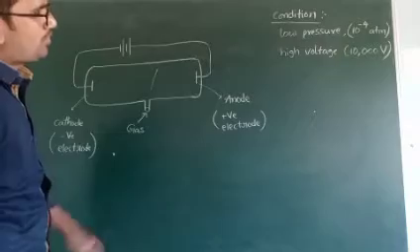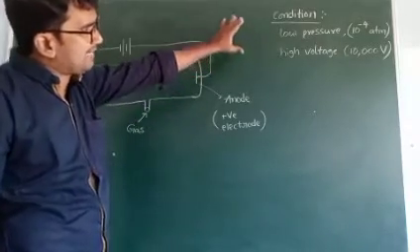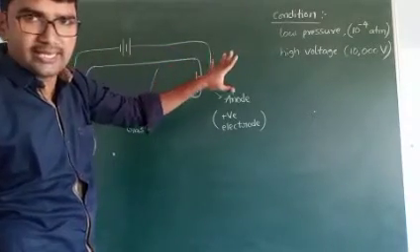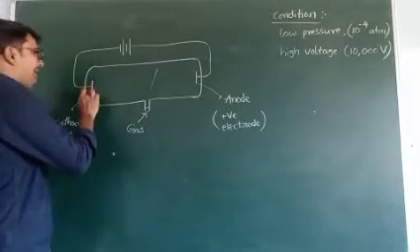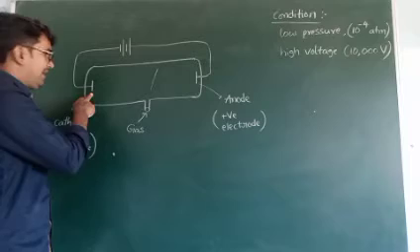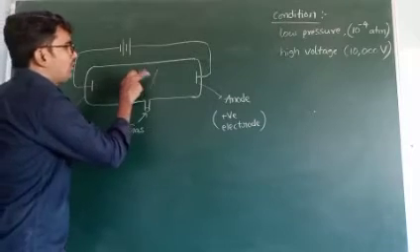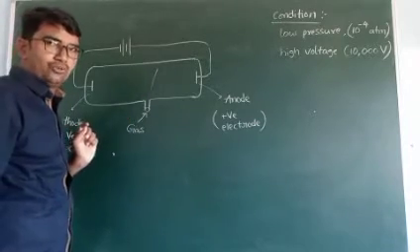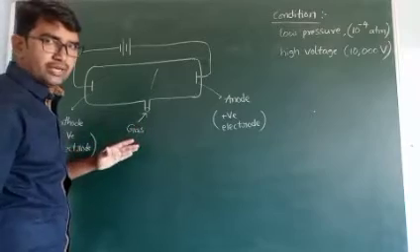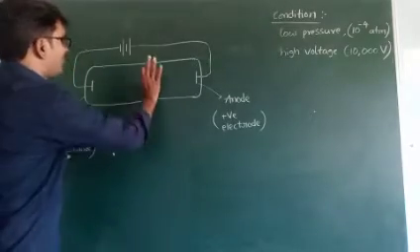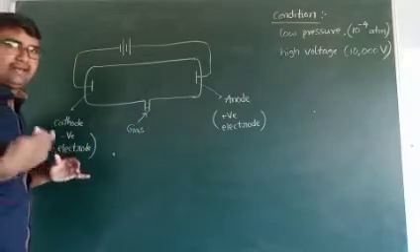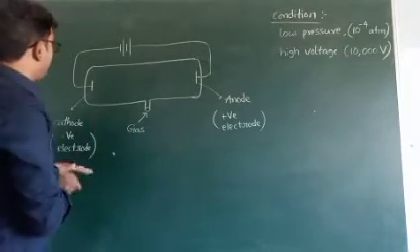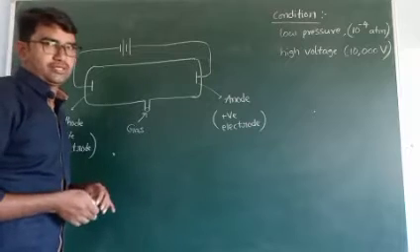Okay? So exactly at low pressure and at high voltage, he observed something coming from the cathode and moving towards the anode. Do you understand? So he finally concluded that those are electrons.